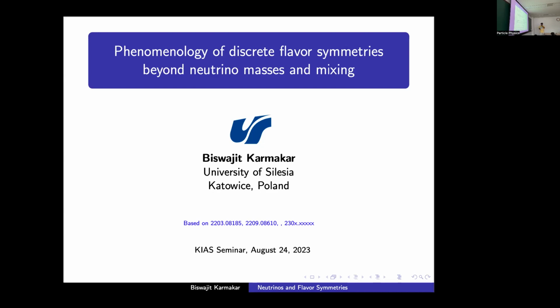This introduces non-zero theta 1,3, and there is a simple model building with that, which will come soon. This co-bimaximal mixing reproduces theta 2,3 to be exactly 45 degrees, which is still valid, and delta CP to be exactly minus 90 degrees, which is somehow in the correct ballpark of the experimental observation.